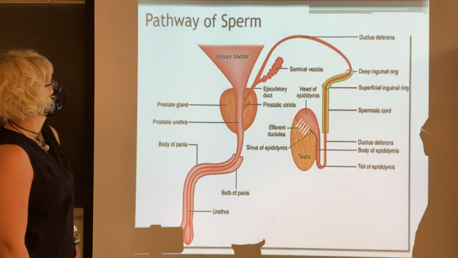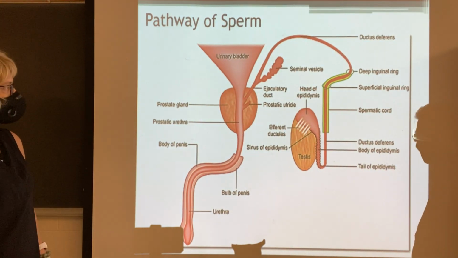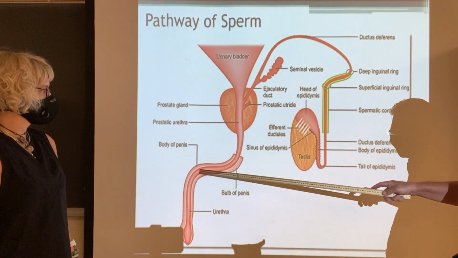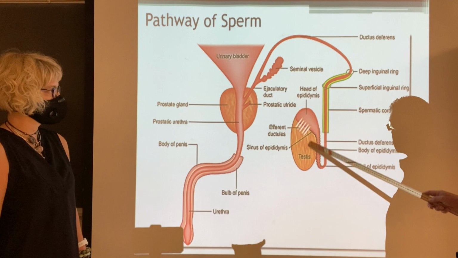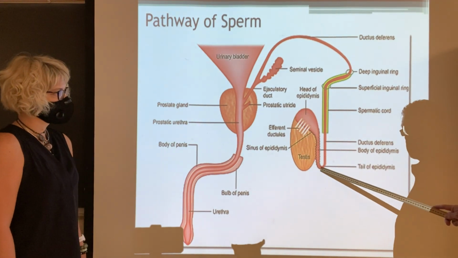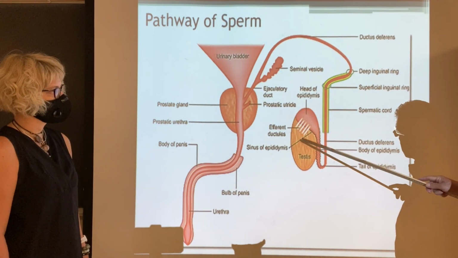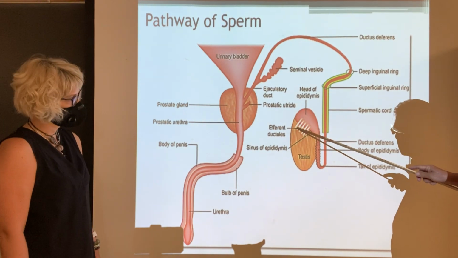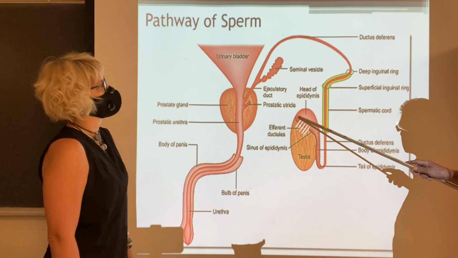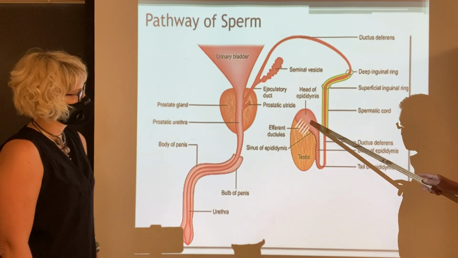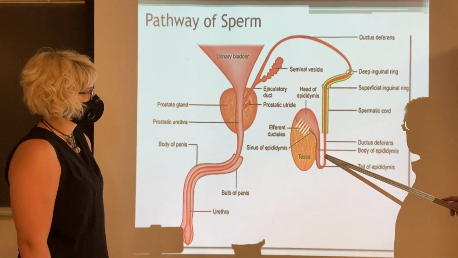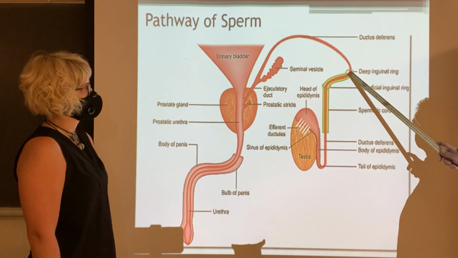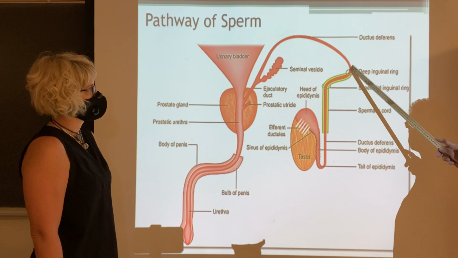All right, what do we have here? Pathway of sperm, which we have talked about. Let's just review. It's being produced in the testes, and then travels from the seminiferous tubules, via the rete, into the efferent ductules, into the head, the body, the tail, through the ductus deferens. Here's the inguinal ring, superficial and deep.